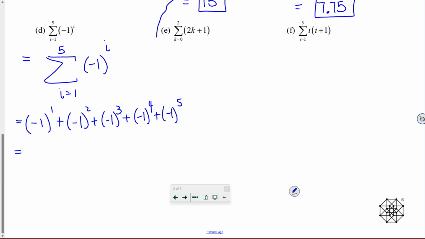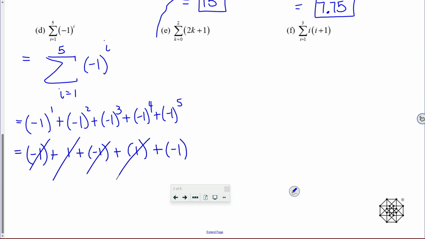Now, -1 is an interesting number because anytime you raise it to an odd power, you get -1, and anytime you raise it to an even power, you get +1. So we're going to get -1 plus +1 plus -1 plus +1 plus -1. That's going to cancel that, which is going to cancel that, which is going to cancel that, and that's all going to just equal -1.